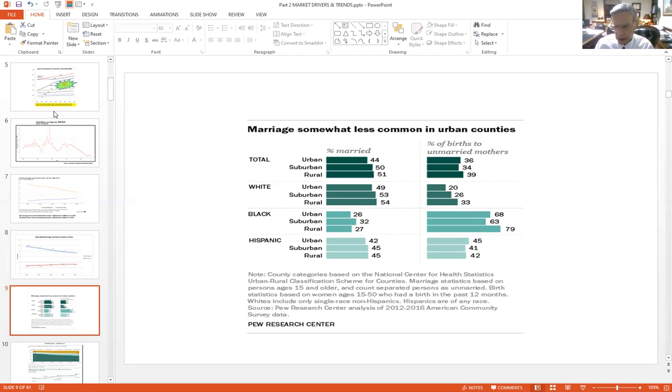So again, these trends are not meant to have any implications on values. There's no good and bad here. These are just statistics.